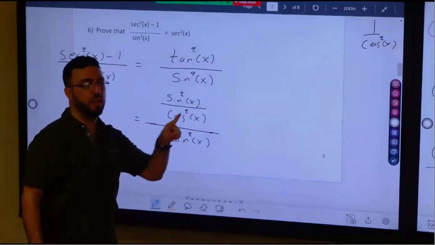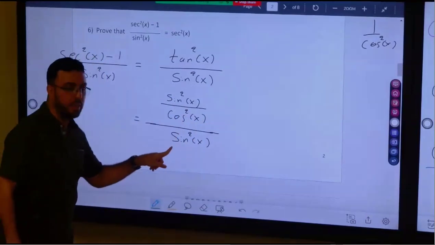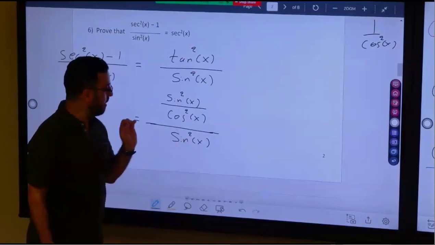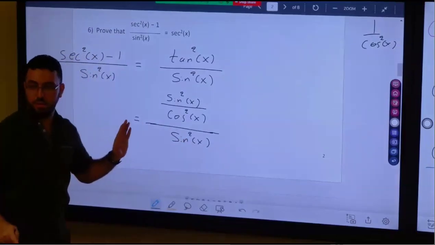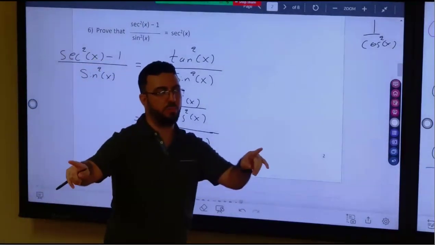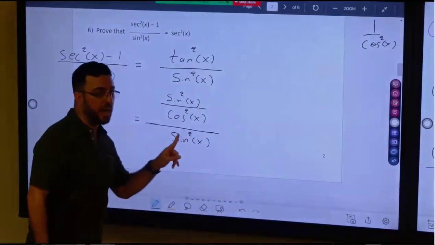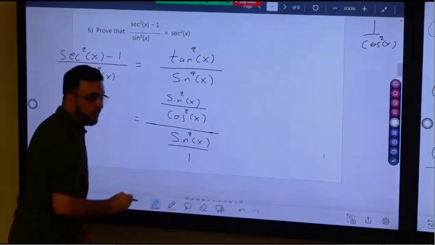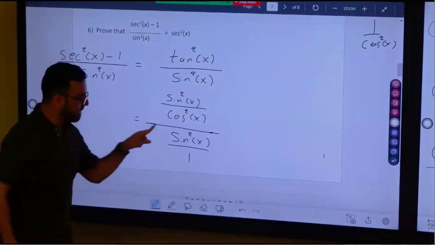Now, here's the thing. Can I write sine squared over one, and then flip it? Yes, this is division, right?